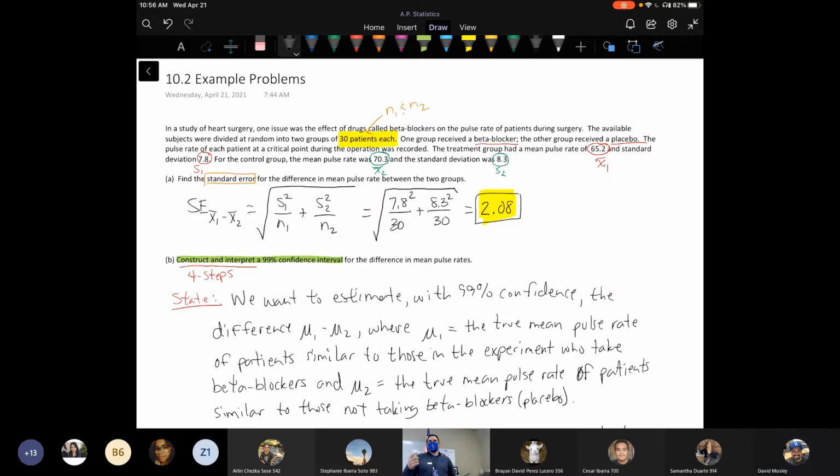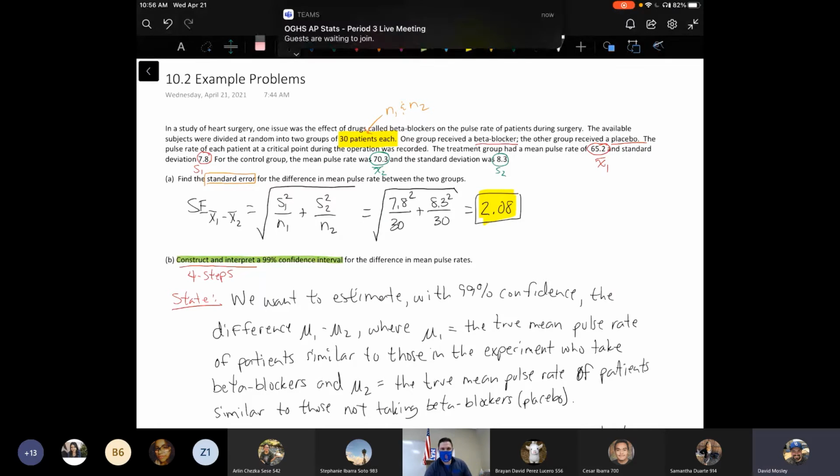Our context is a study of heart surgery. One issue was the effect of drugs called beta blockers on the pulse rate of patients during surgery. The available subjects were divided at random into 2 groups of 30 patients each. As is already noted here, the 30 patients each become the values of n1 and n2.